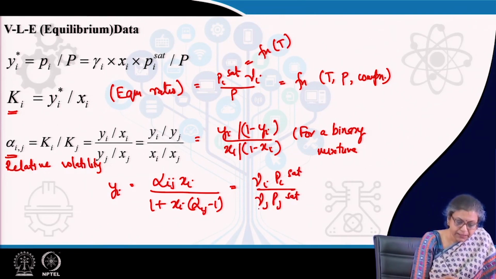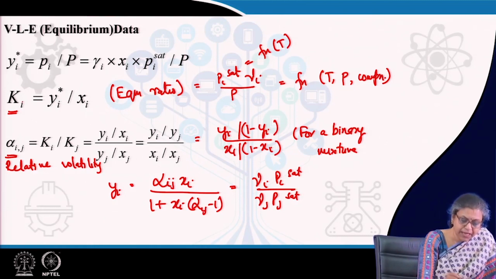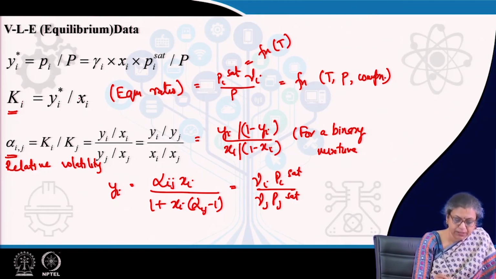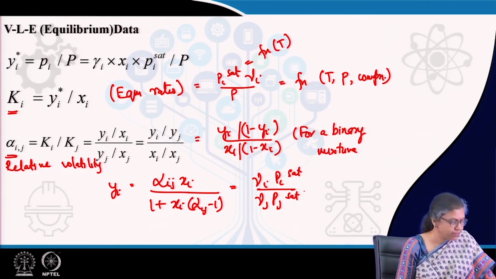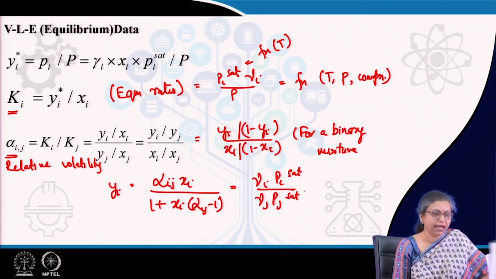So the ratio of K_i for the different components can be expressed in terms of the relative volatility for vapor liquid or gas liquid equilibrium data, and accordingly we can express it in this particular form.